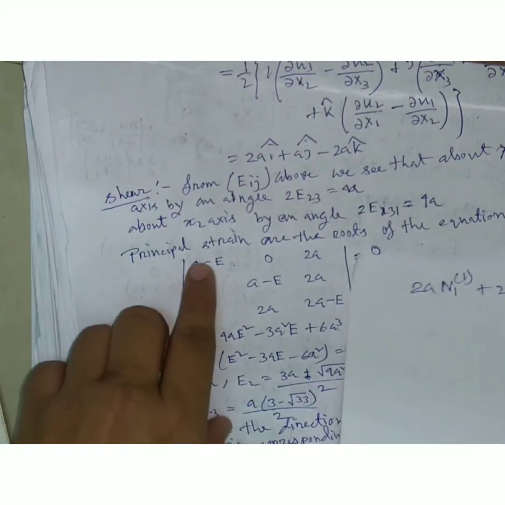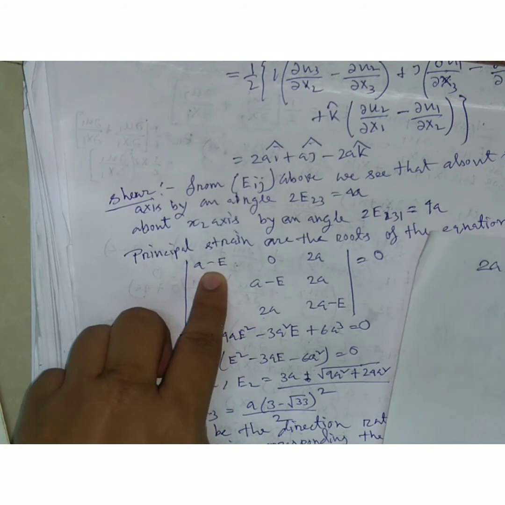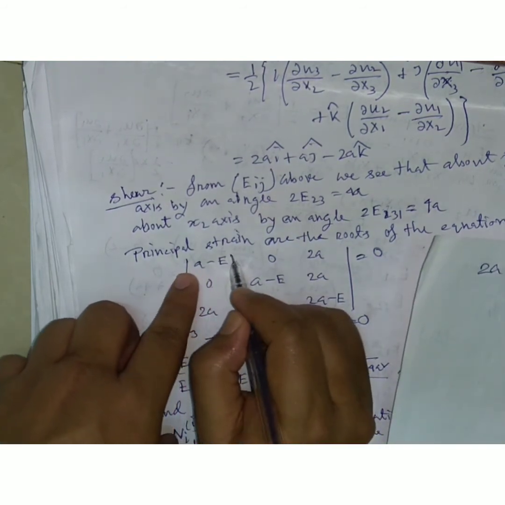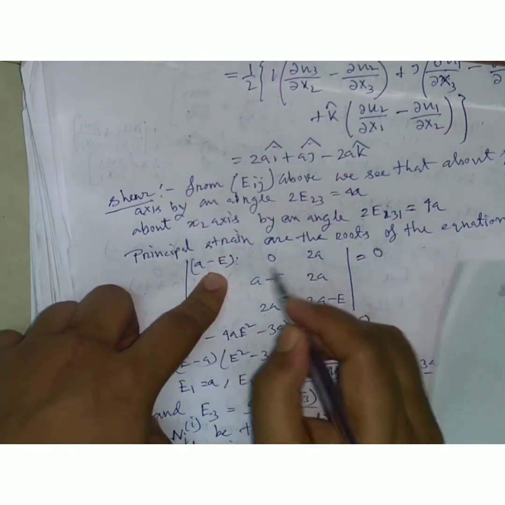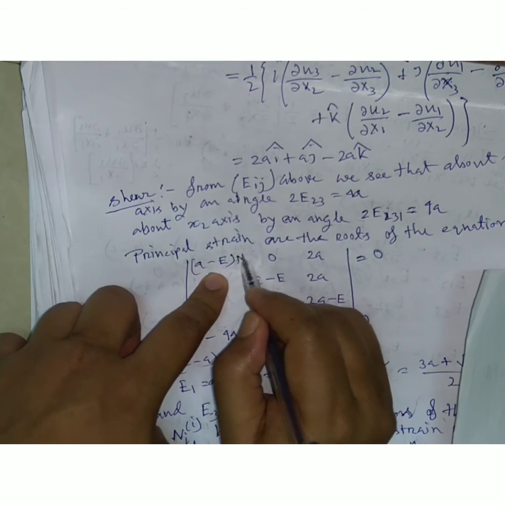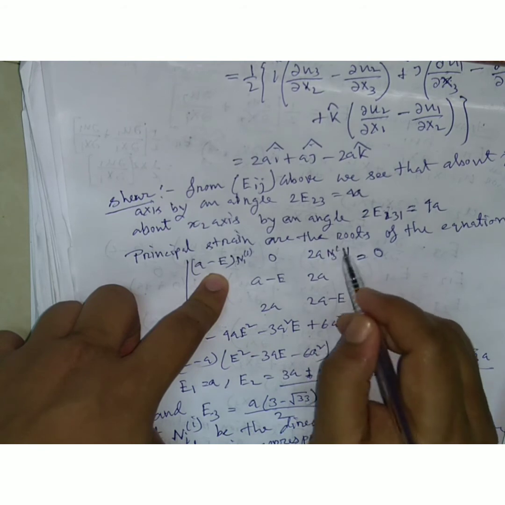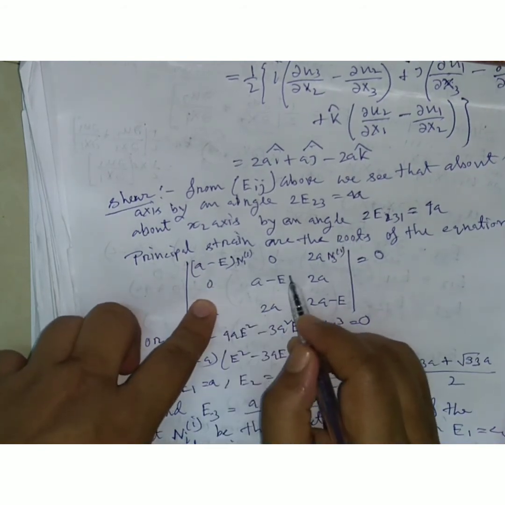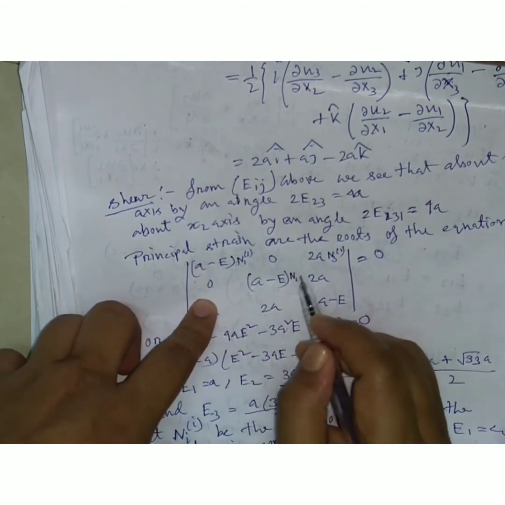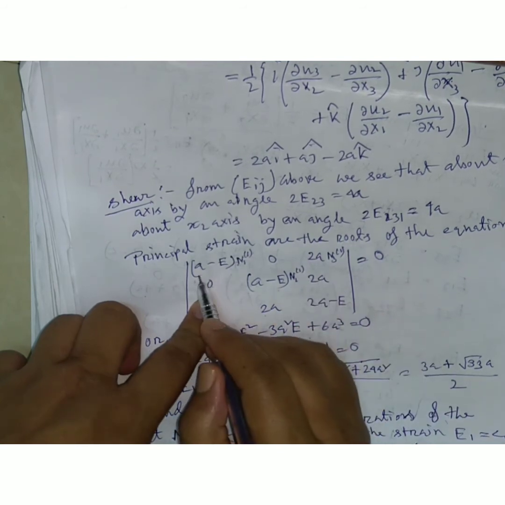I get three equations for principal axis 1. How do I get this from the determinant, friends? According to this determinant a minus E, you multiply by the direction ratios n1,1, n2,1 and n3,1, a row vector.